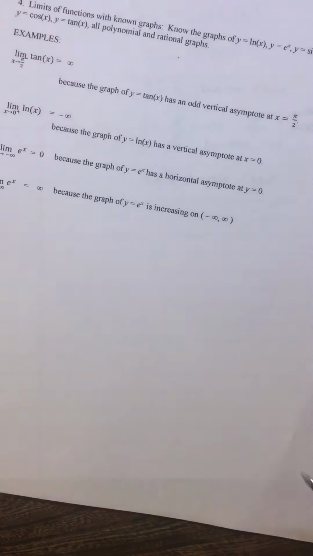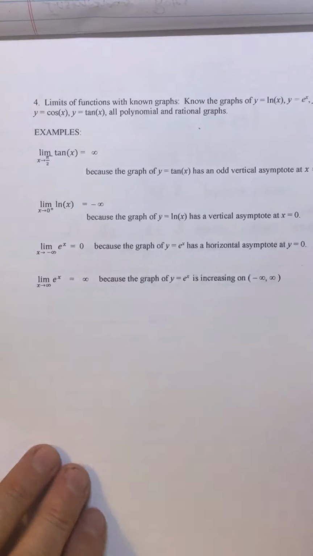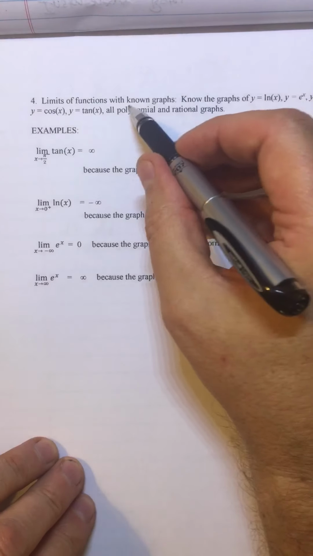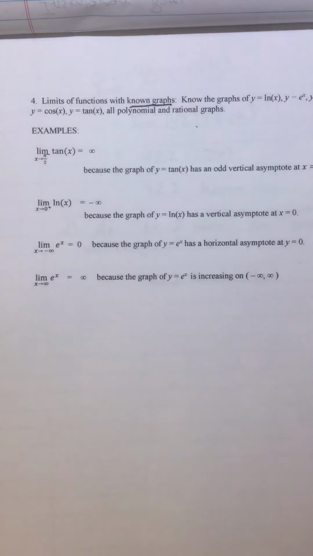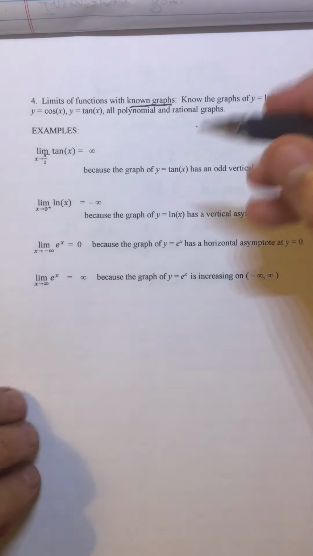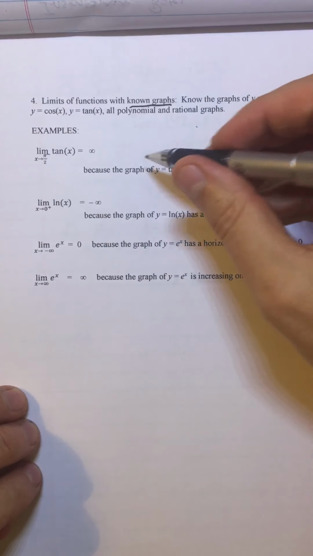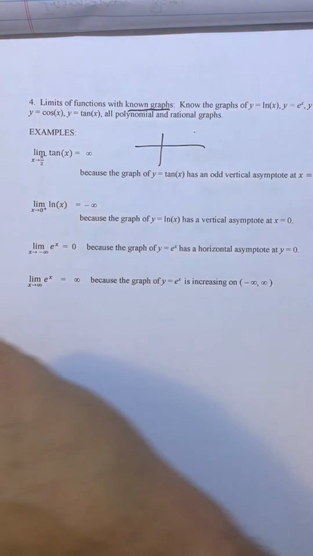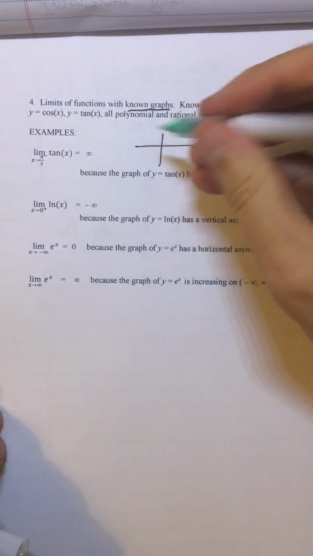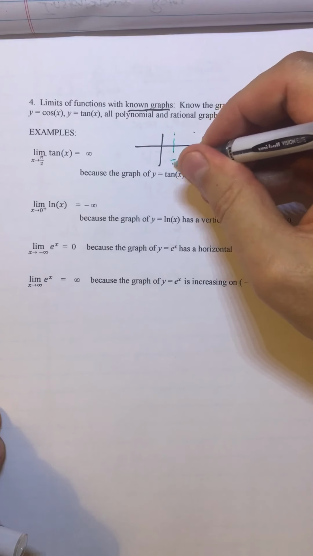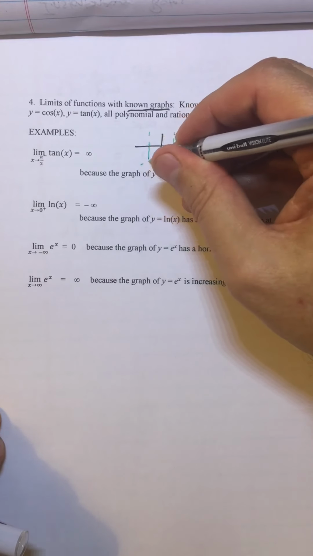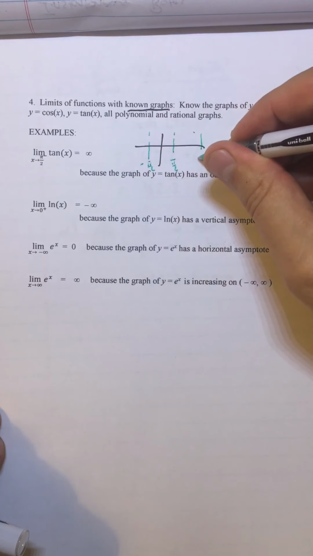Okay, more limits. So then the other thing is you need to know some graphs. There are graphs that you just know. These are some examples of them. You know the graph of tangent x has vertical asymptotes at all the odd multiples of pi/2. So here's pi/2, here's -pi/2, here's 3pi/2.